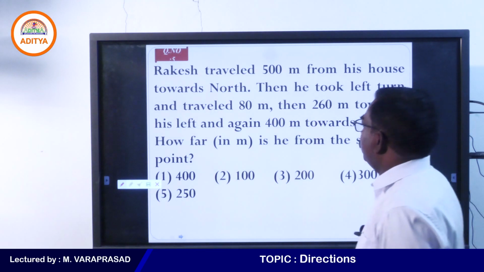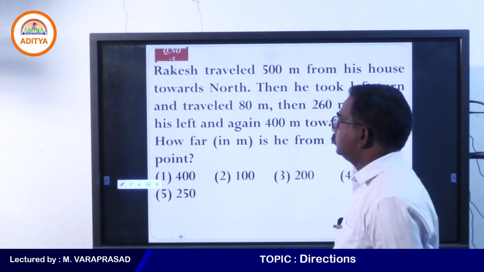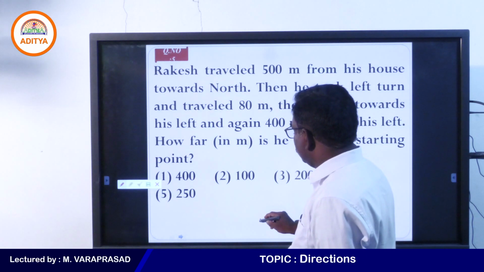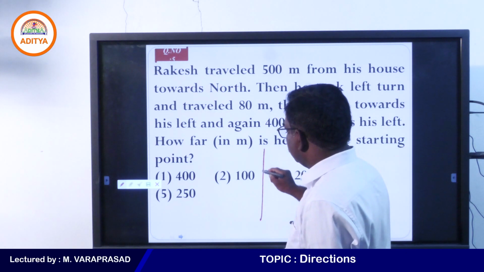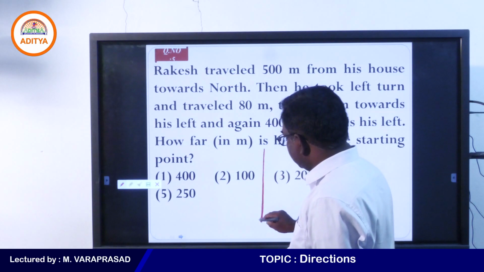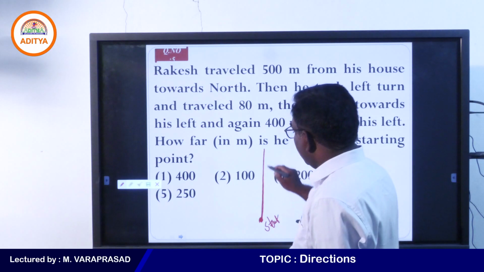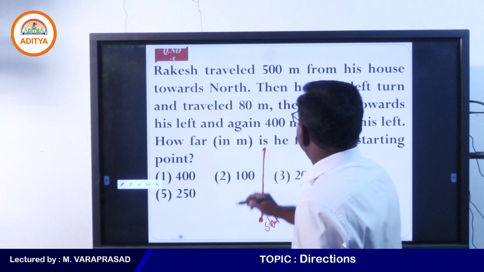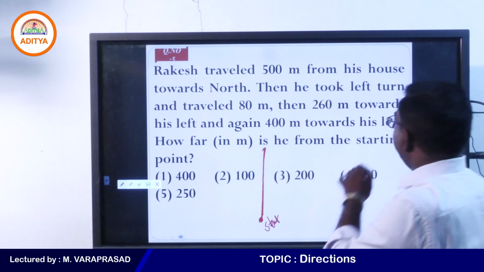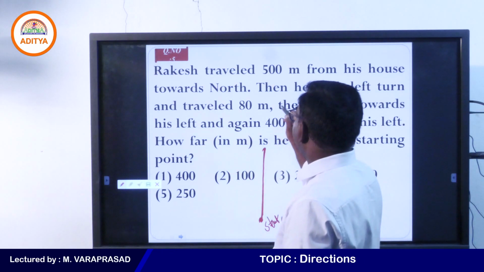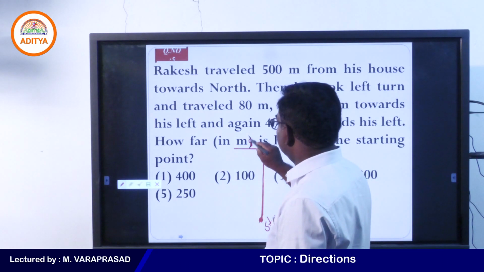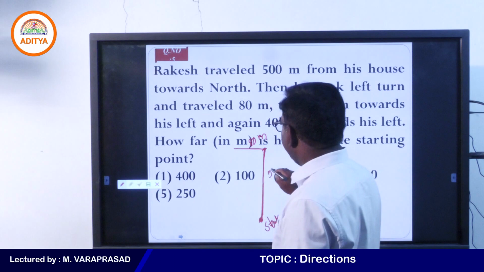Suppose we take 500 meters towards north, this is the starting point, and 500 meters towards north. Then he took a left turn and travelled 80 meters. So, this is 80 meters, this is 500 meters.